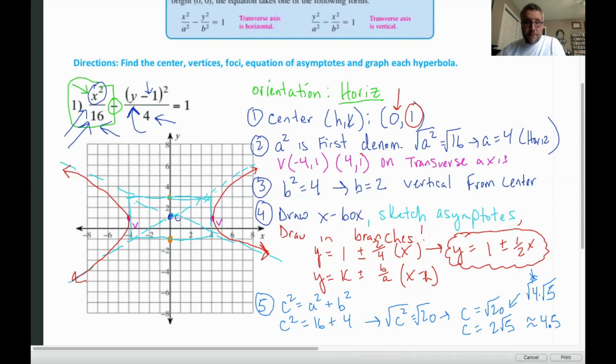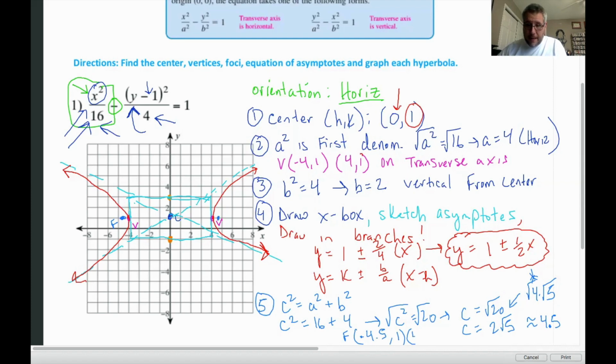So if you start from the center and move 4.5 to the left, 1, 2, 3, 4.5, now you are inside the curve. So that's one of the focus points. So its location would be (-4.5, 1), and its buddy would be to the right, 1, 2, 3, 4.5.